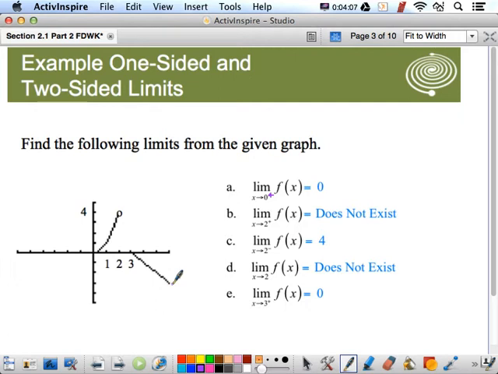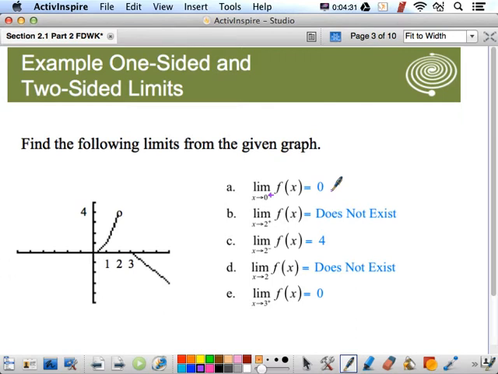I can't find 0. It's here. Sorry, that's 0. That's x is 0, right? I had a bad moment. Cut me a break. This is 0, right? Okay. And from the right, where is my pen going as I trace towards x equals 0 from the right? 0. That is why the right-sided limit is said to be 0.